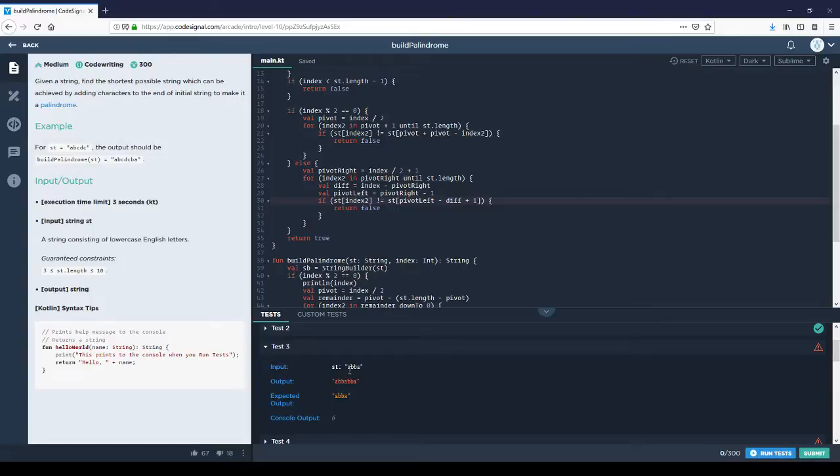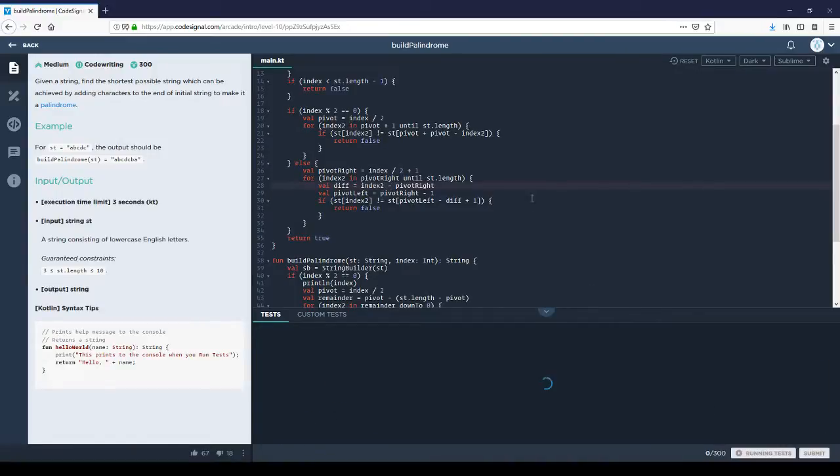0, 1, 2, 0, 1, 2, 3, 4, 5, 6. So why is it not returning when 0, 1, 2, and 3? That's the reason.